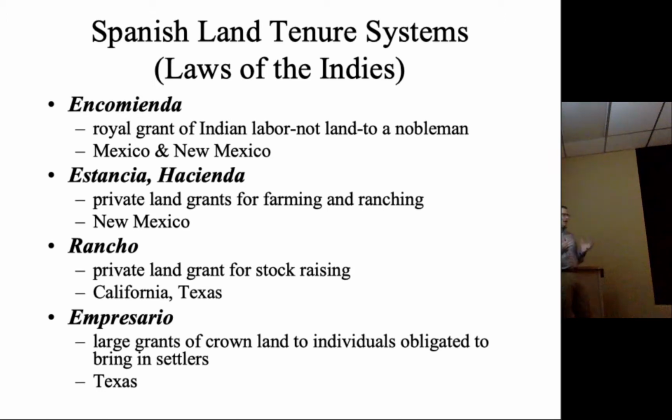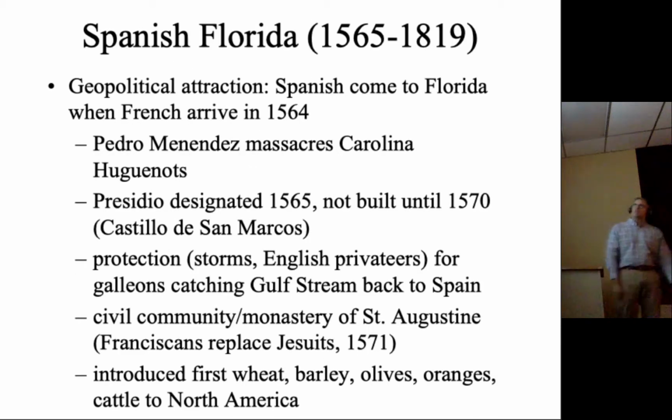And the Anglos colonized Texas at the request of originally the Spanish and then Mexico, but it backfired on them. Okay, so anyway, we'll save that for next semester, and we'll move on.